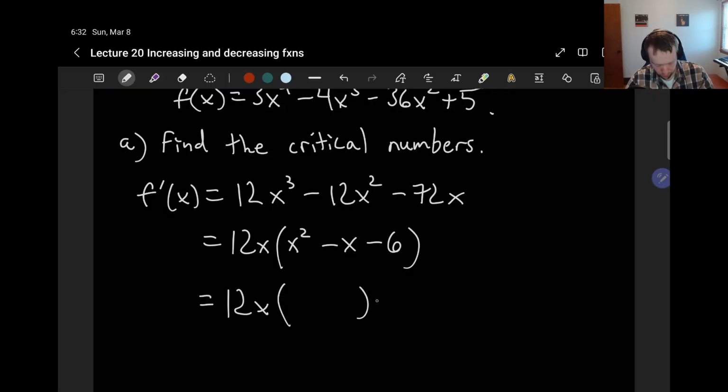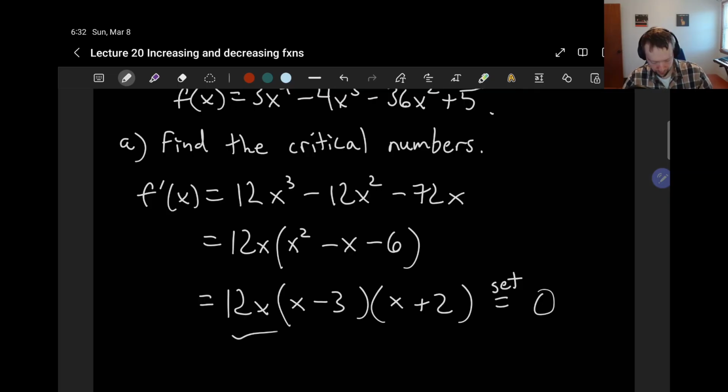And this quadratic part can be factored as well. It will be an x minus 3 and an x plus 2. So I set this equal to 0.